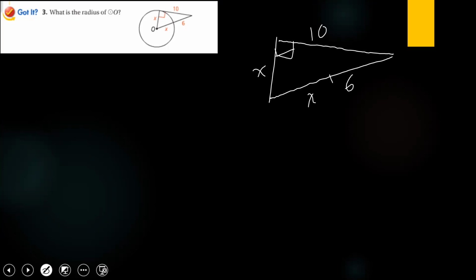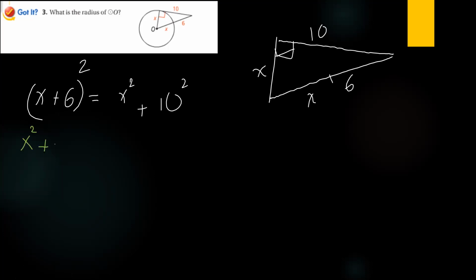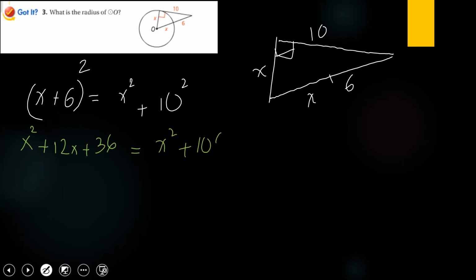6 plus x. The hypotenuse is 6 plus x, and its square equals x squared, the first leg, plus the second leg squared. Then let's write it as x squared plus 12x plus 36 equals x squared plus 100.